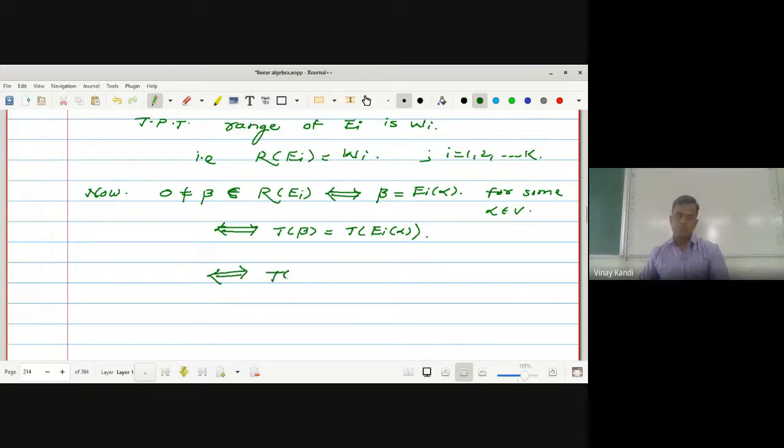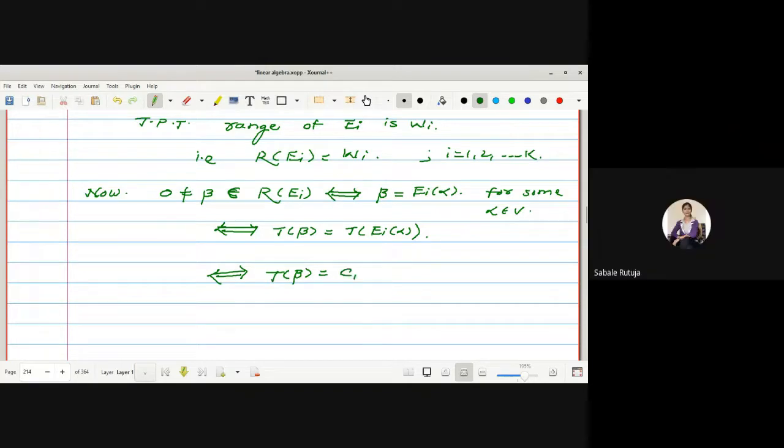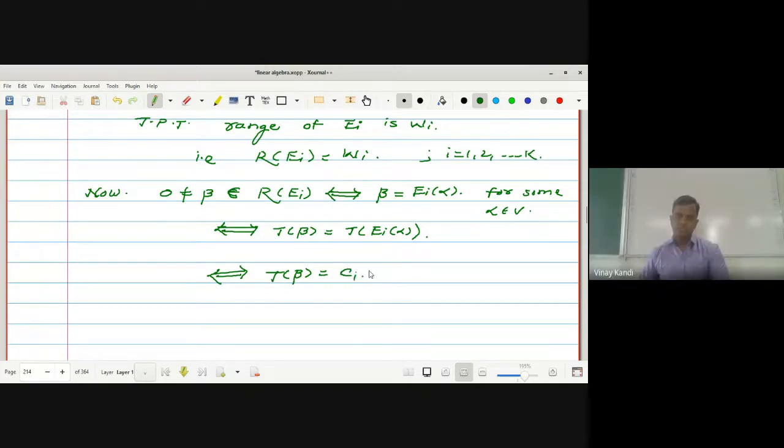What is T of beta now? It is equal to T of Ei of alpha, which is Ci times Ei of alpha. Ei of alpha is nothing but beta.